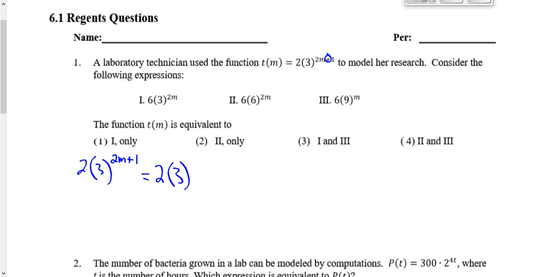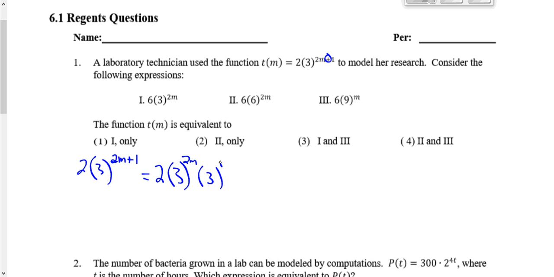So times 3. What would be the exponent on this first 3? 2m, right? And this one would be 3 to the what? 1, right? That's where that 2m plus 1 comes from. See, we're just working backwards, right? Okay.